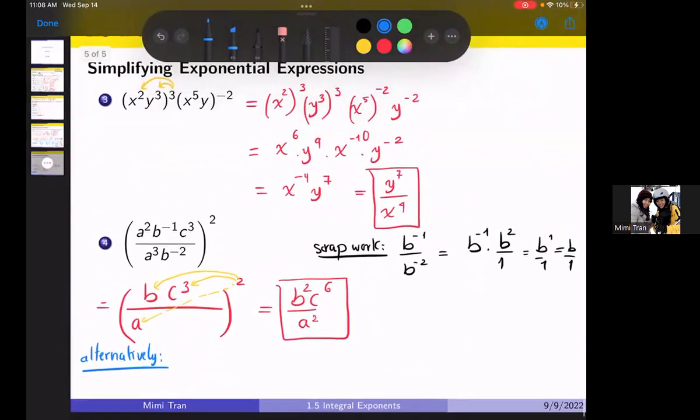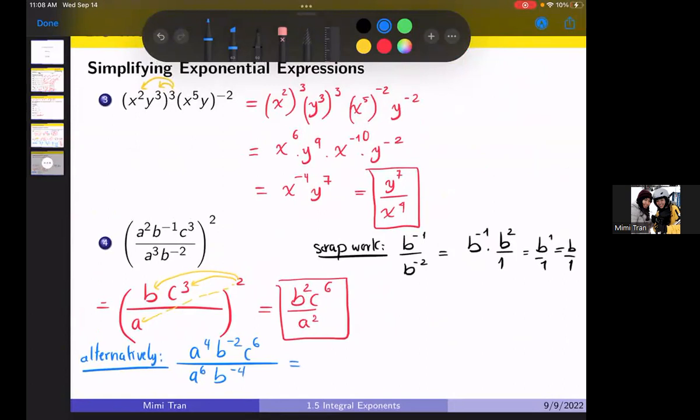So a squared will be a to the 4. b to the negative 1 squared will be b to the negative 2. Negative 1 times 2 is negative 2. c cubed squared is c to the 6. And then a cubed squared is a to the 6. b to the negative 4.